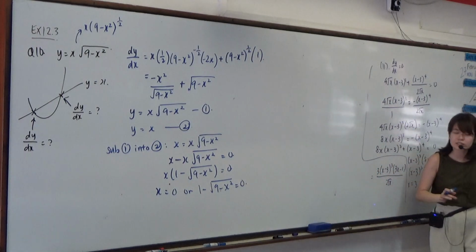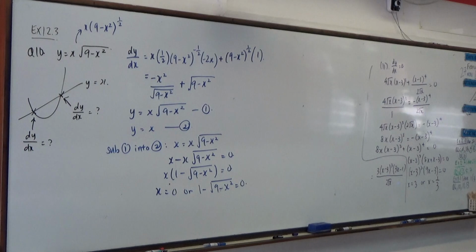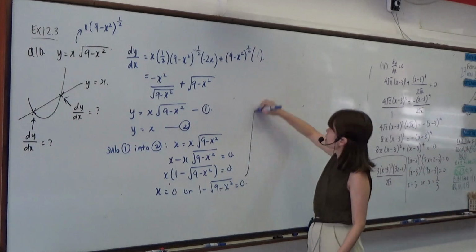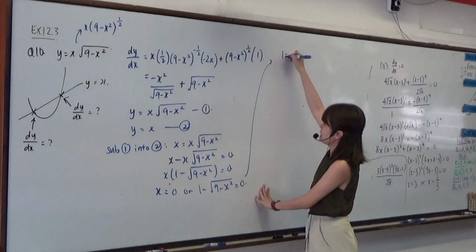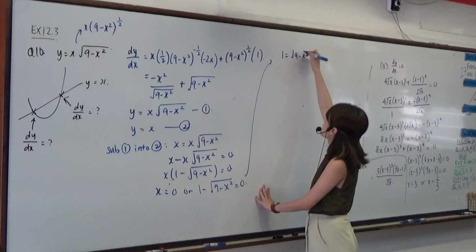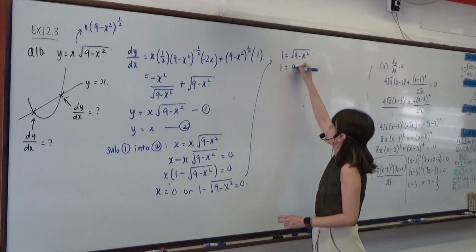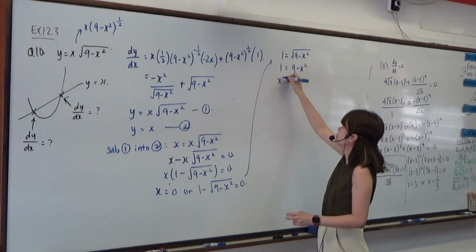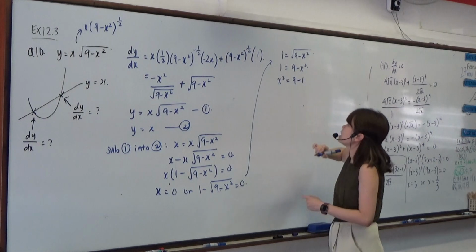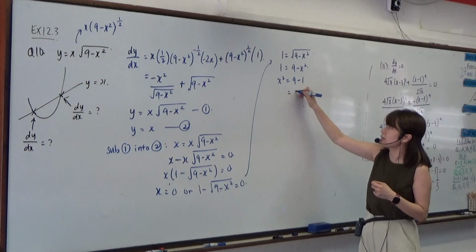We get x equals 0, or 1 minus square root of 9 minus x squared equals 0. From the second equation, 1 equals square root of 9 minus x squared, so 1 equals 9 minus x squared. x squared equals 9 minus 1, that's 8.